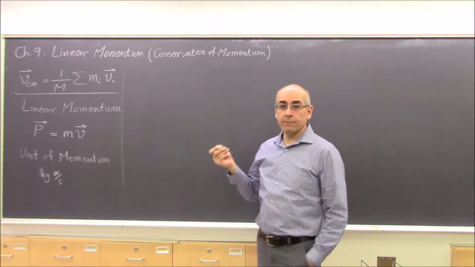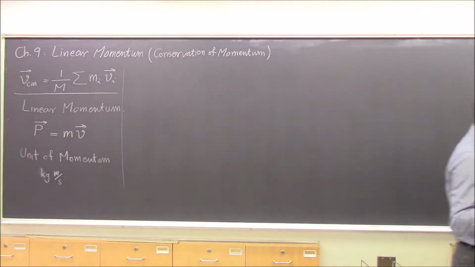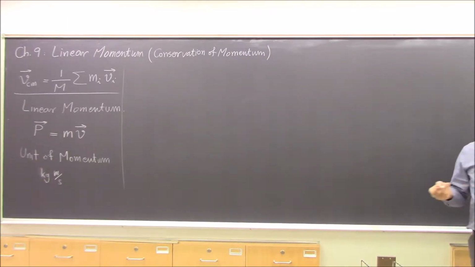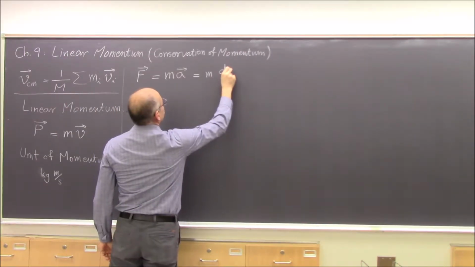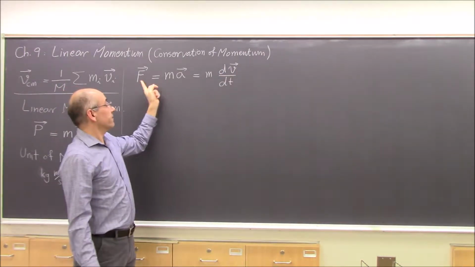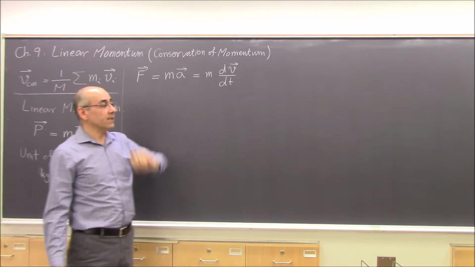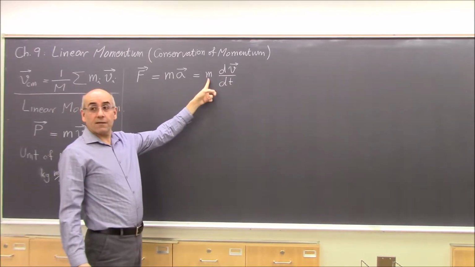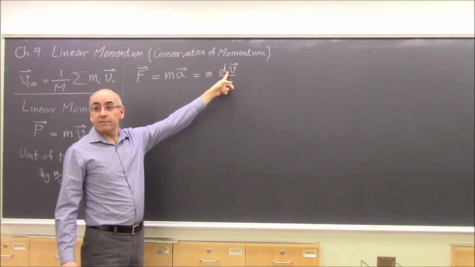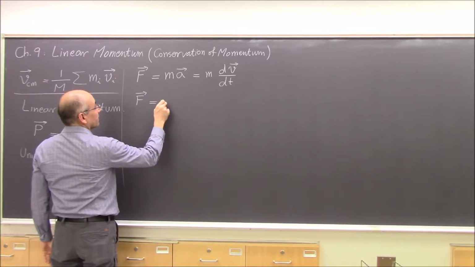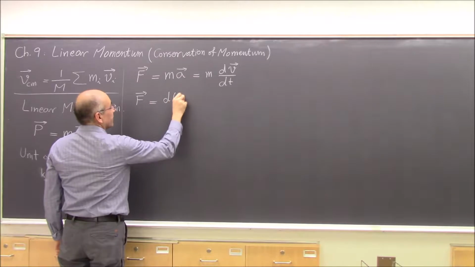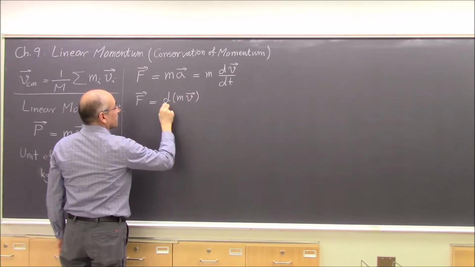Just starting from Newton's law. If we look at Newton's law, which is F equals ma, m dv over dt. If F is constant, we can say delta v over delta t. Then this mass is a constant, can go inside the derivative, right? So F becomes d of mv over dt.